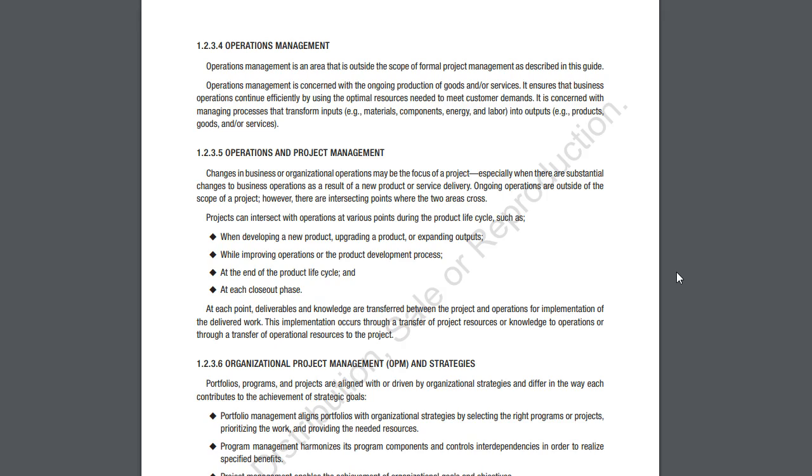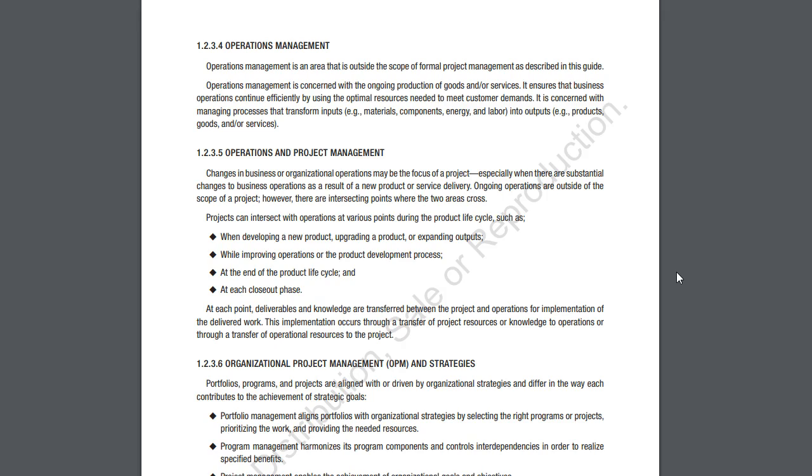So operations and project management really are the other side. Now, do operations and project management interact? Certainly. We use the same resources in some cases. When we transfer from a project to ongoing operations, there's a lot of involvement.